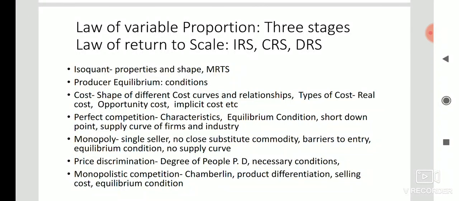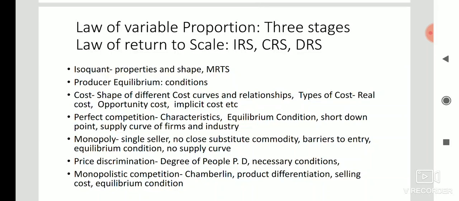In case of constant cost industry, the long run industry supply curve is a straight line parallel to the output axis. Similarly, in case of increasing cost industry, the supply curve is upward sloping, and in case of decreasing cost industry, the supply curve is downward sloping.